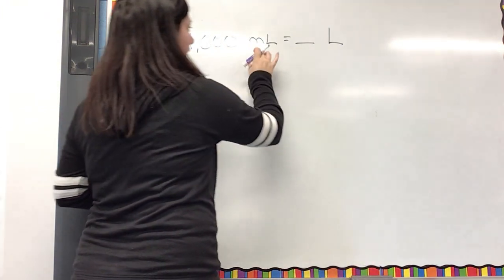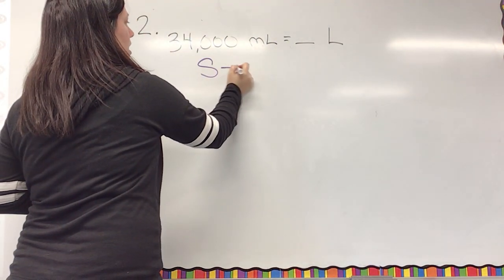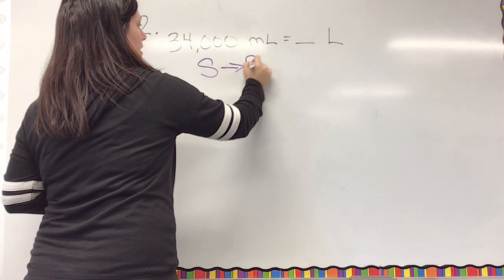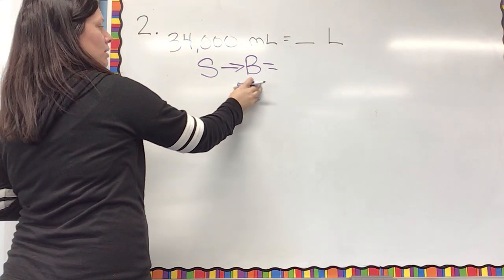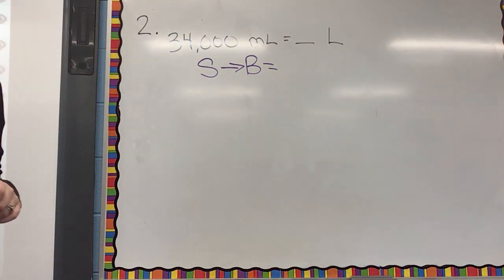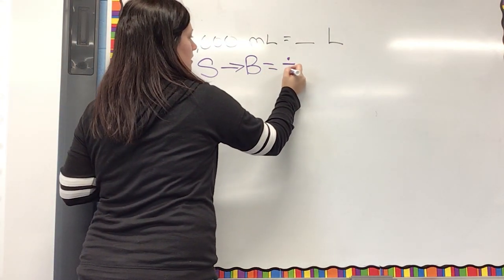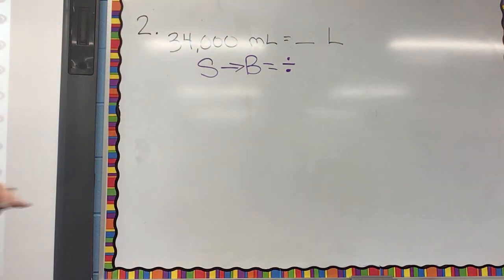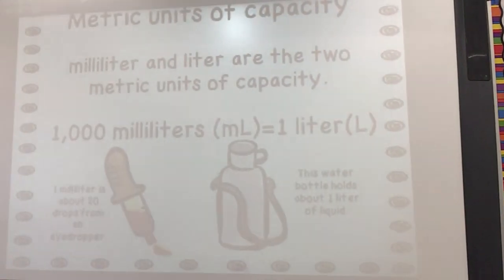Remember the size of an eyedropper compared to the size of a water bottle. So S for small, going to a bigger unit, B for big. And when I go from a smaller unit to a bigger unit, what kind of computation does that get, Megan? Division.